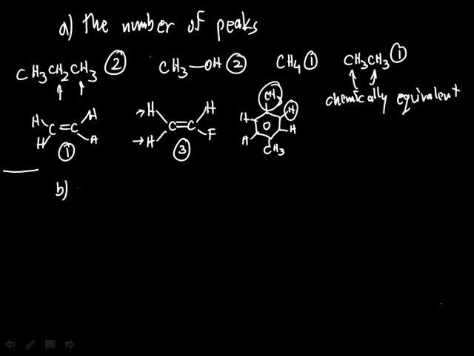The second piece of information is the positions of peaks. The positions are directly related to the amount of shielding or de-shielding that a certain peak experiences, and thus allows us to tell something about the chemical environment of the peak, whether it's shielding or de-shielding, whether we have electronegative elements or not. Third piece of information is the intensities of peaks.